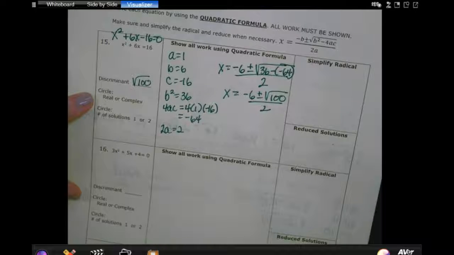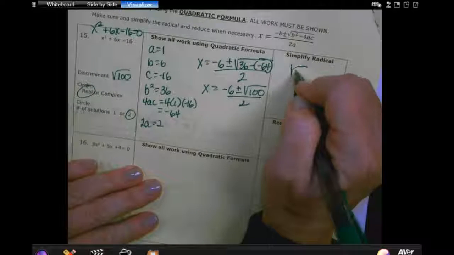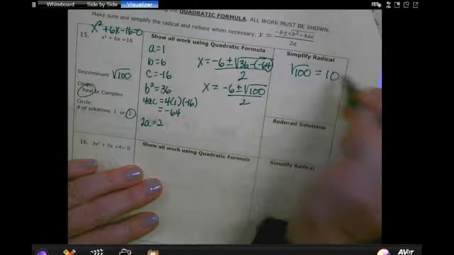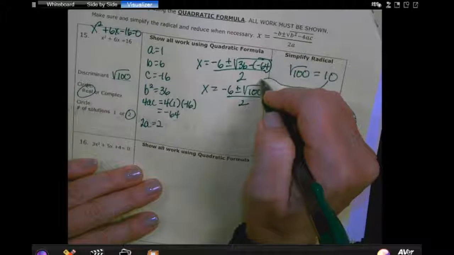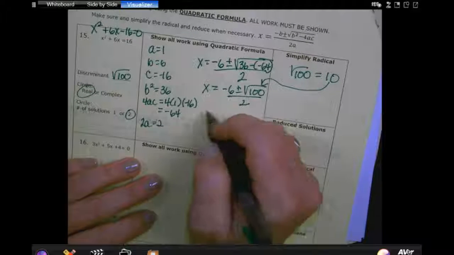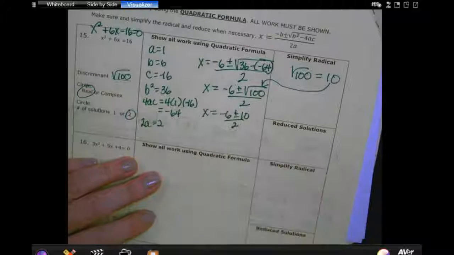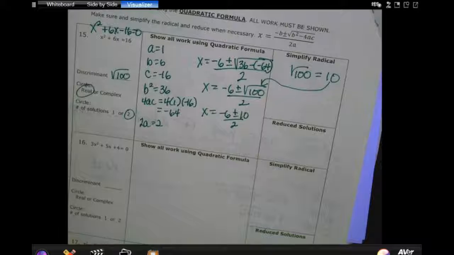So my discriminant is 100. So that's positive. So what kind of solutions did I get? 2 and real. So what is the square root of 100? 10. So I'm going to take my 10 and put it in for the square root of 100. And since it's a perfect square, the radical goes away, right? There's nothing left underneath the radical sign. So I get x equals negative 6 plus or minus 10 over 2. If it's a perfect square, you get 2 real answers.